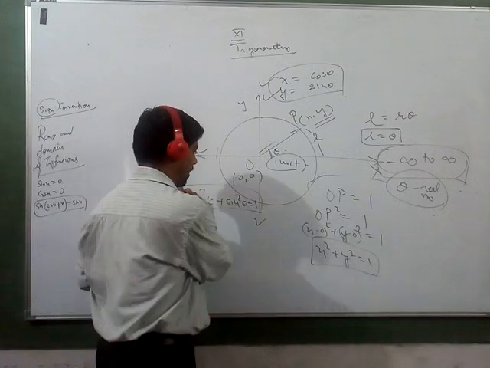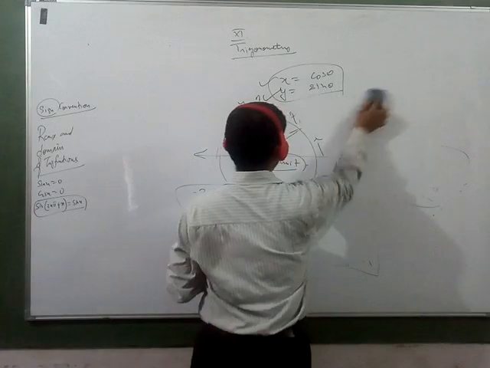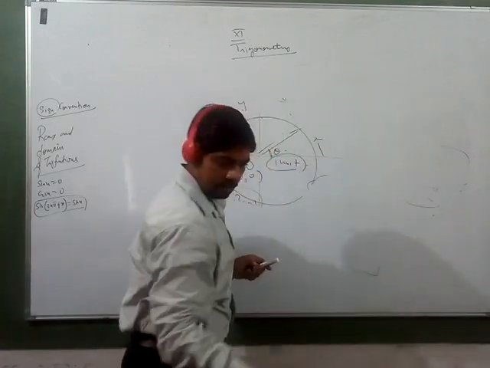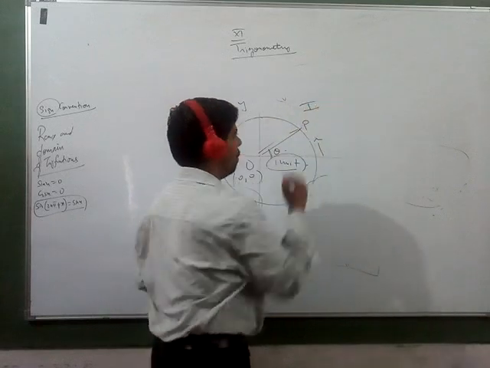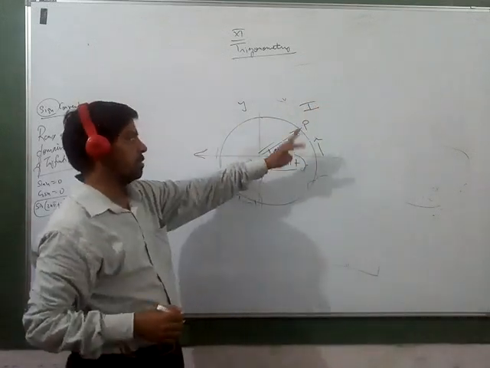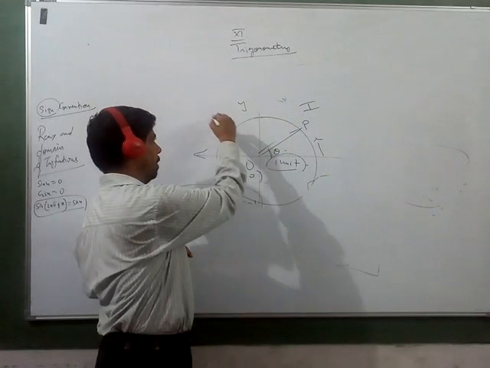According to this θ, you can see that this point P can go in any quadrant of the x and y coordinates. So this is your first quadrant. Suppose P comes here, second quadrant.